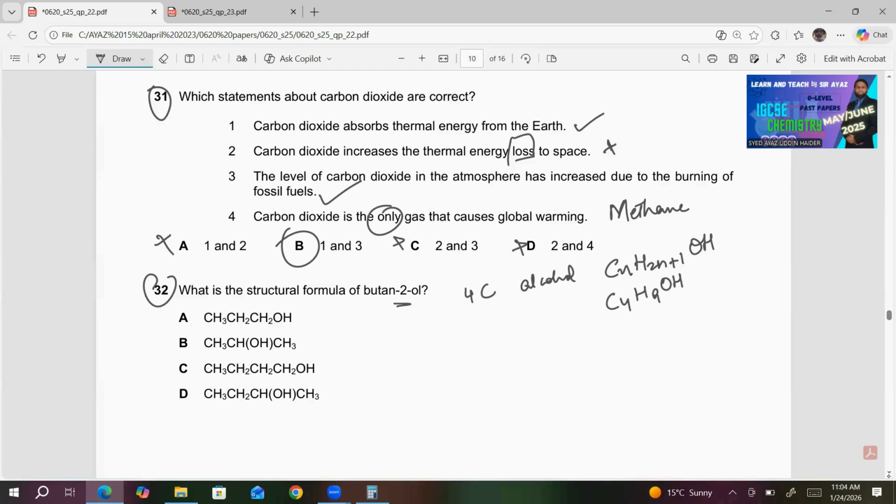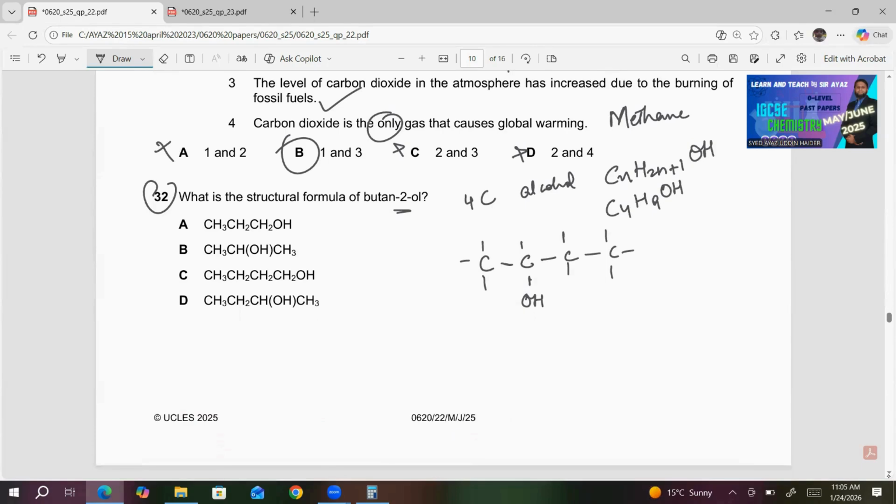So we have the 1st carbon, 2nd carbon, 3rd, and 4th. We must have OH on the 2nd carbon. So I'm going to place OH here, and the others are H. I'm not going to waste time drawing the Hs for you. I'm drawing the structural formula of this.